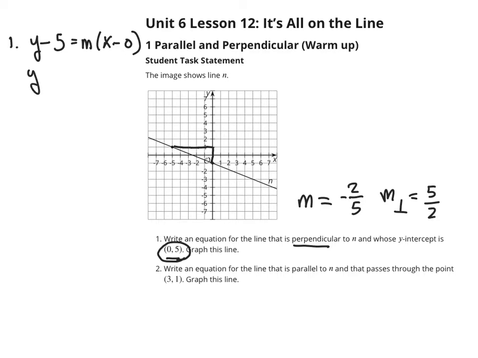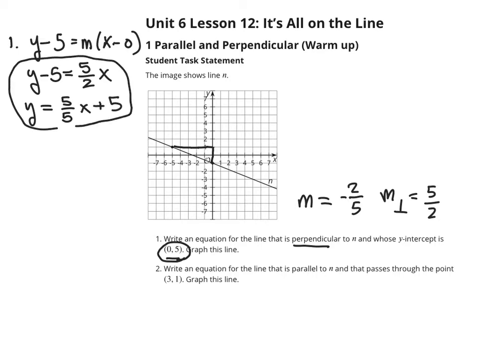Simplify a little bit. Y minus 5 equals, I don't know why I wrote m, sorry, let's replace that m. 5 halves times x. You can circle it like this, or you can take one more step and add 5 to both sides. And then we are in slope-intercept form. Okay, so either one of these is correct. Truly doesn't matter to me.